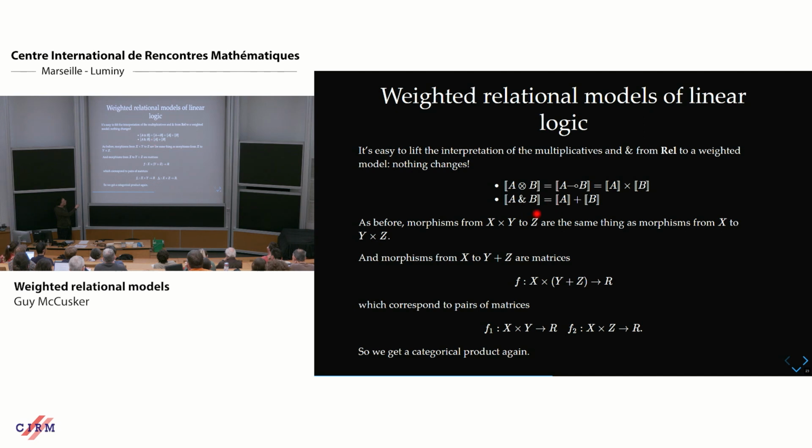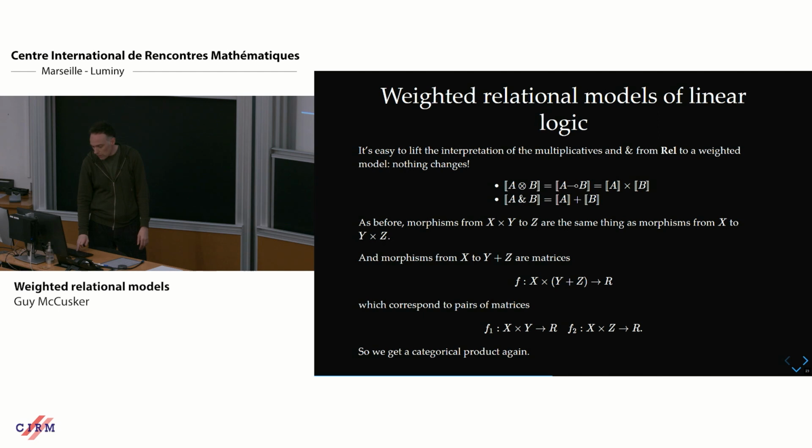A morphism from x cross y to z is just a function taking an x, a y, and a z and giving you a quantity. So of course you can shift the y onto the other side and have your closed structure. The disjoint union still gives you a categorical product as it did before, and everything is hunky-dory. It's all very straightforward.